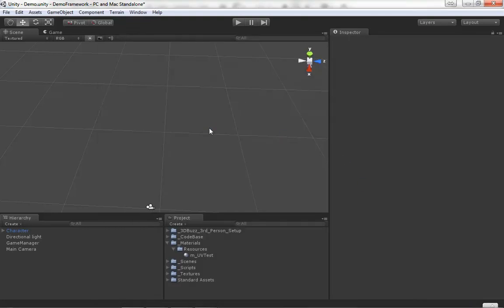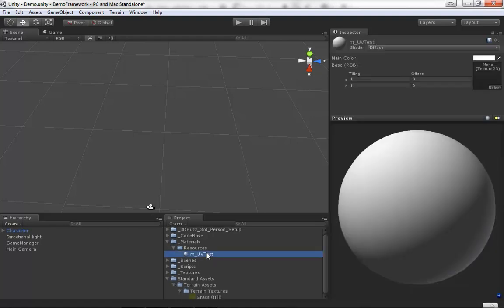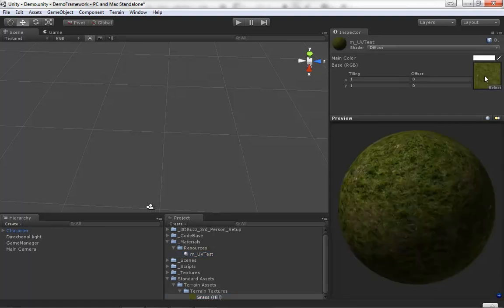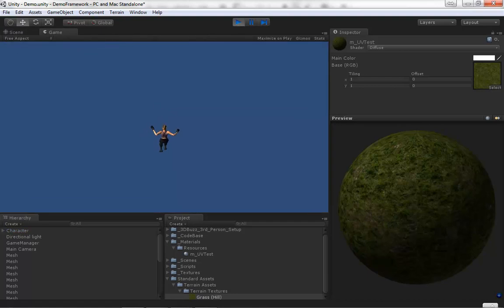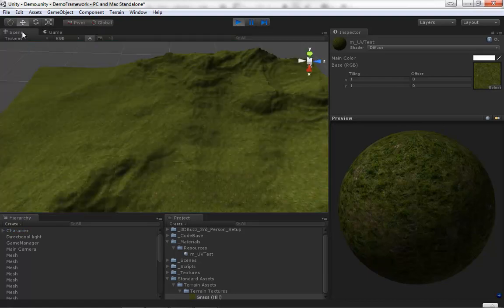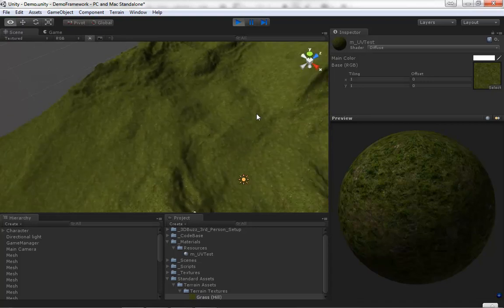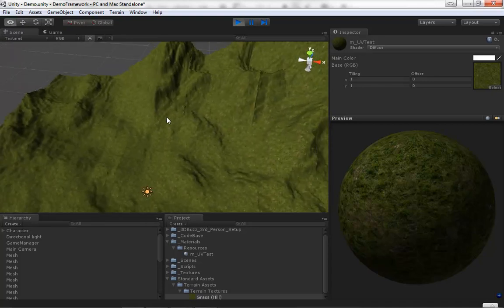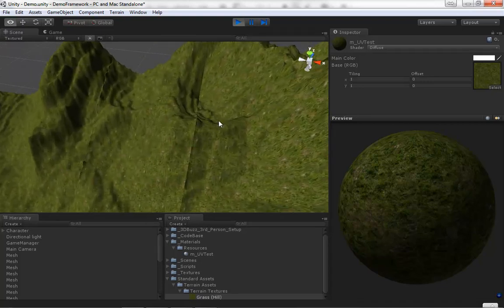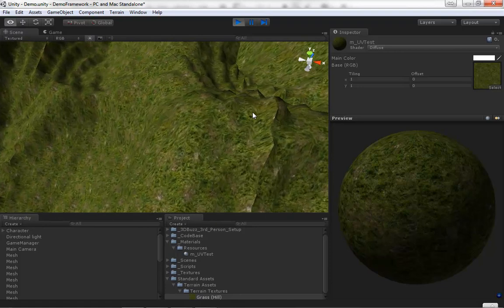I'll go ahead and drag this in, and then you try this. So now you can still see the seams, but they're less noticeable.